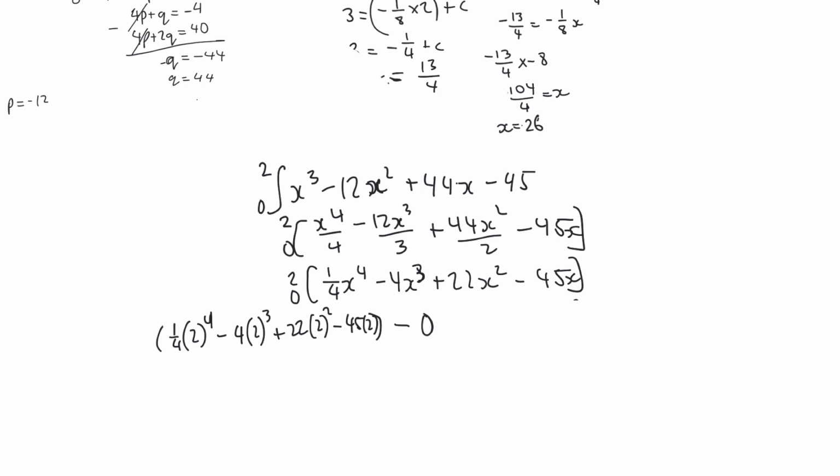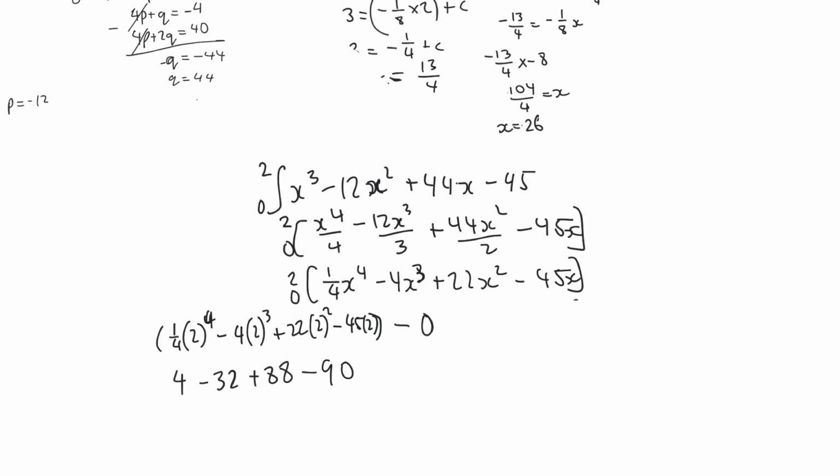Okay, so now we need to literally work this out. So 2 to the 4 is 16, a quarter of 16 is 4, 2 cubed is 8, times 4 is 32, because this is a minus there, and then 2 squared is 4, times 22 is plus 88, and then 45 times 2 is 90.